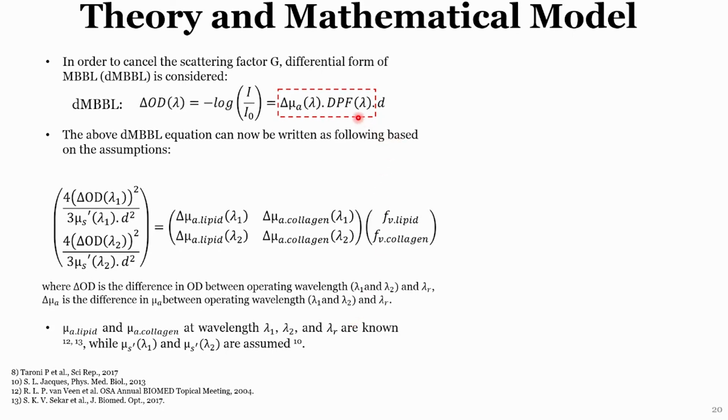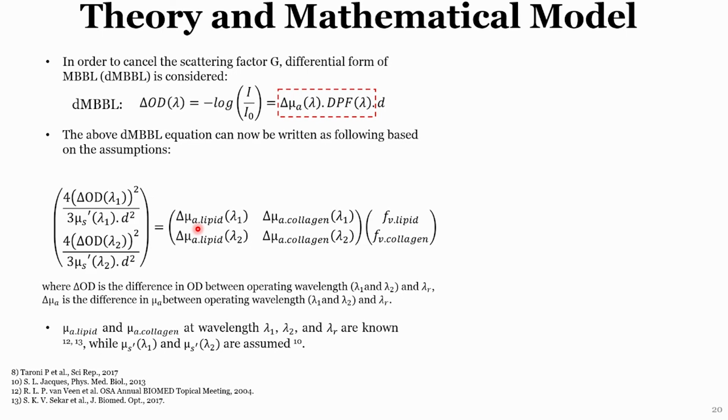Using the differential Beer-Lambert law, you can simplify this equation to this form over here, and mind that this mu a is not just mu a, but a delta mu a. This delta mu a means the difference of absorption coefficient at two different wavelengths, or it could be the difference of absorption coefficient for two different states at the same wavelength, such as fist squeezing and releasing.